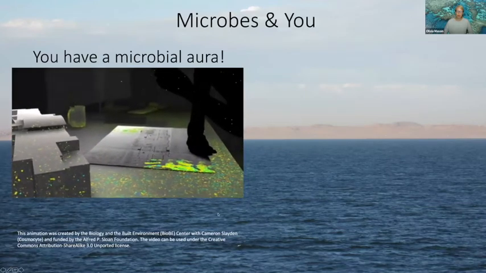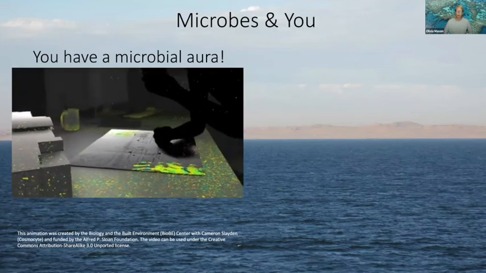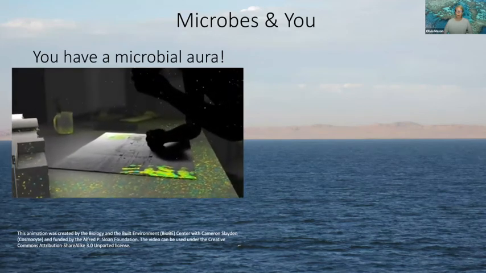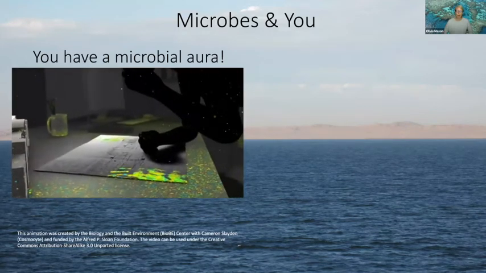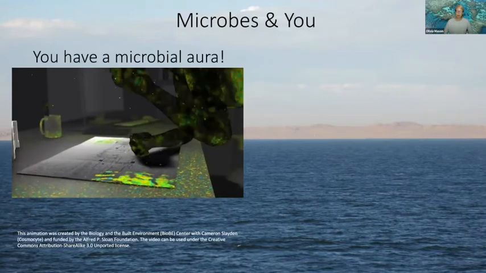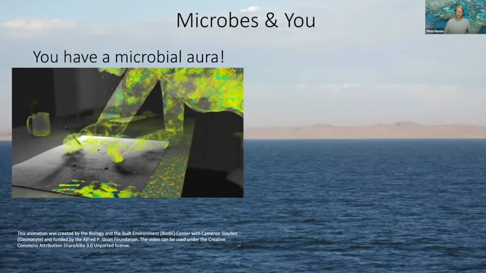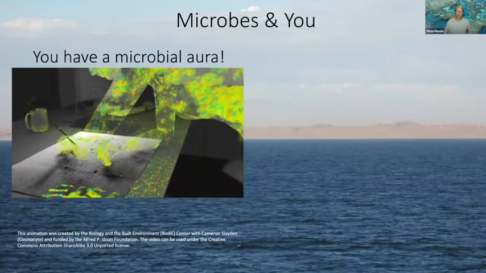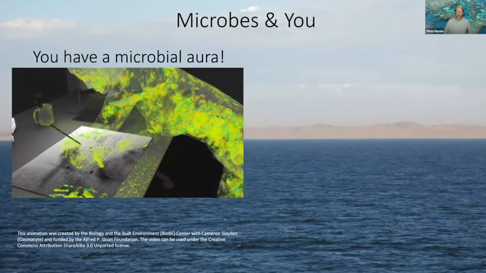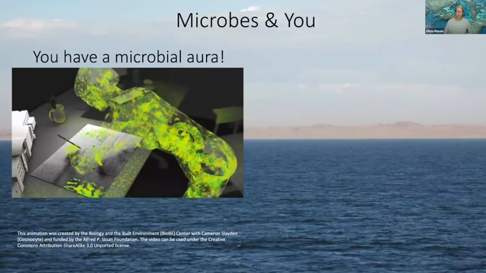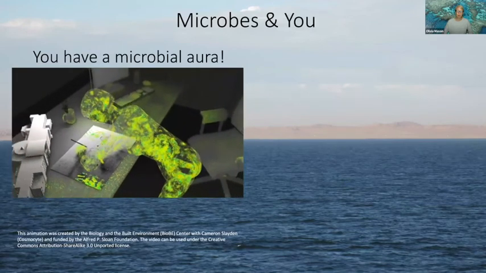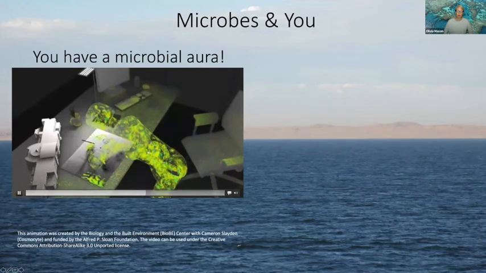Some people are starting to use the microbial aura that you leave behind as part of forensics. You can tell about the human, and particularly their gut microbiome. You can tell things like whether they're a vegetarian or not, or whether they're taking antibiotics, because that really impacts your gut microbiome.